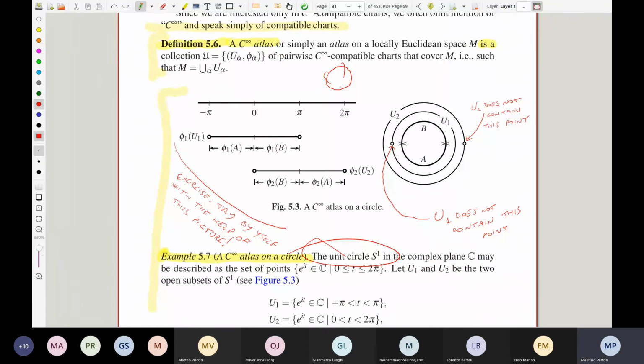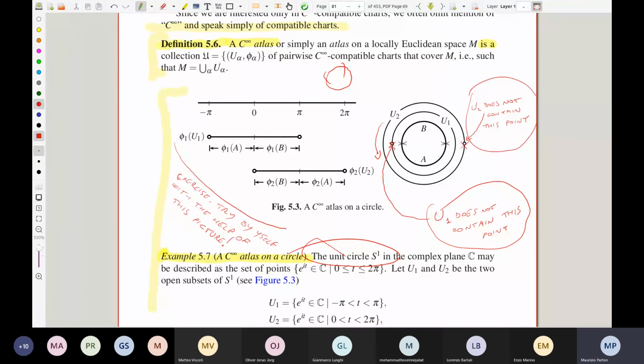For instance, I can take just two charts. Take U2. This chart does not contain this point. Can you see that they overlap in almost all of S1?